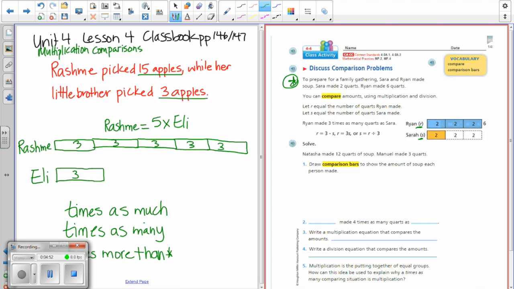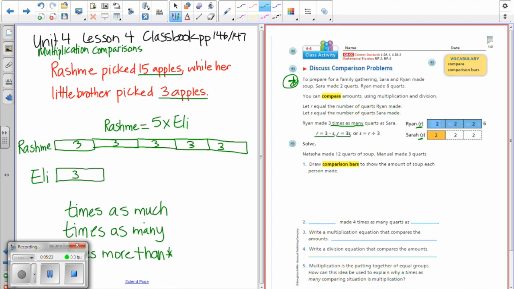So here are those comparison bars again, and we're looking at 6 and 2. Ryan made 3 times as many, there's that phrase again, quarts as Sarah. So R equals 3 times S. These are all the same sentence.